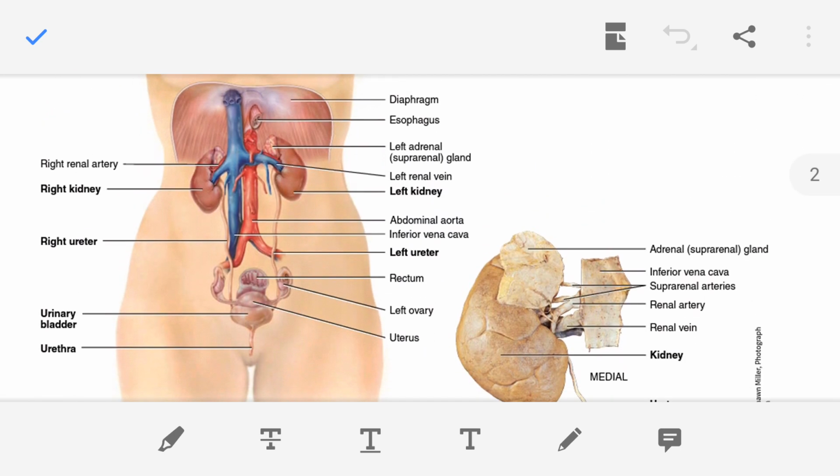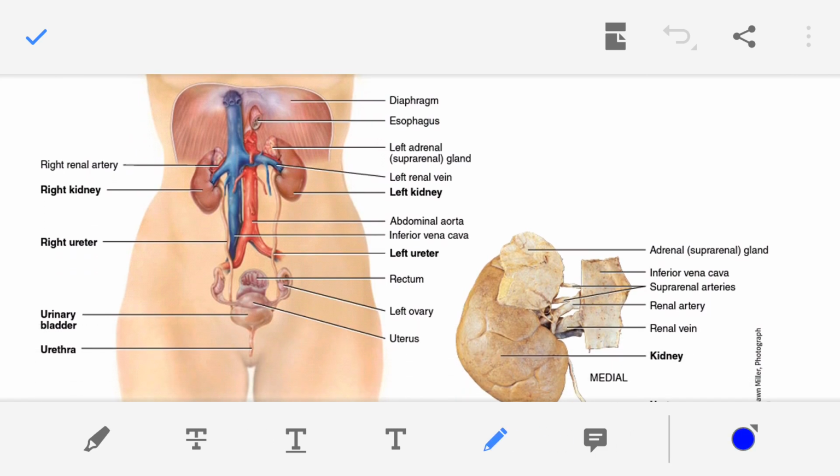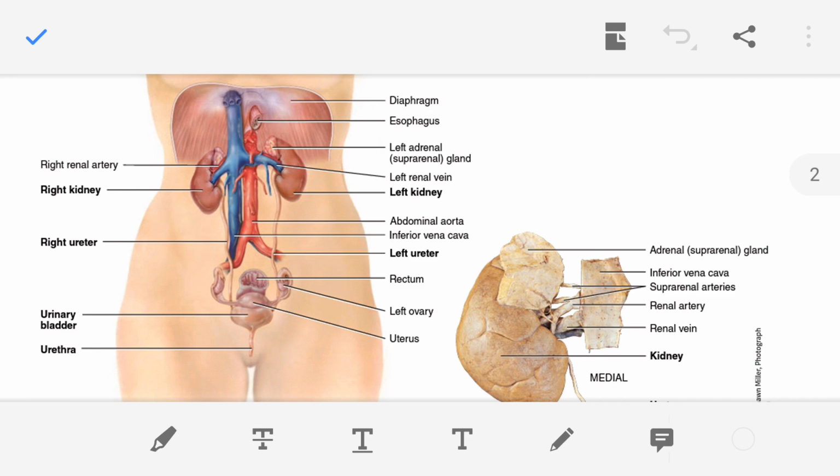See, this is our urinary system, and in the urinary system, this one is the left kidney, this one is the right kidney. Okay, then the ureter is shown left and right. So we know that in the kidney urine formation takes place.